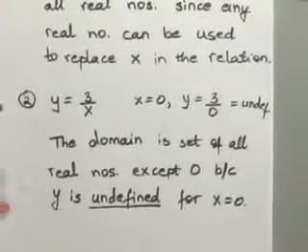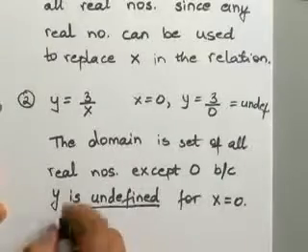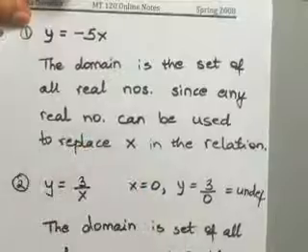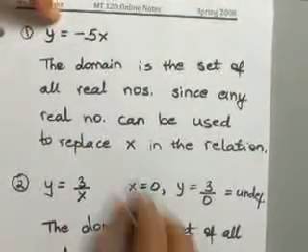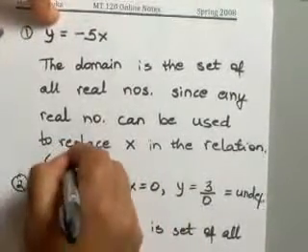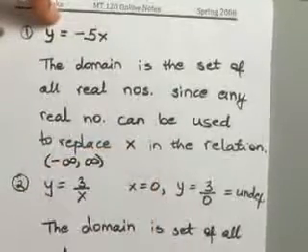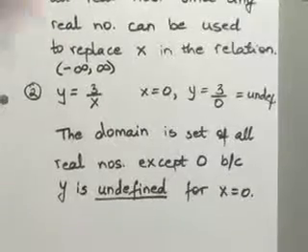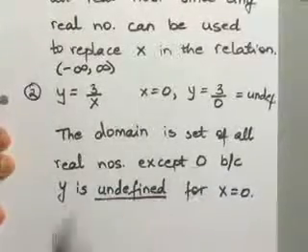Now, to write this in interval notation, and by interval notation, I mean, like in the first example, when we said our domain was all real numbers, we would use the notation negative infinity to positive infinity. In this case, we are saying that our domain is all real numbers except 0.